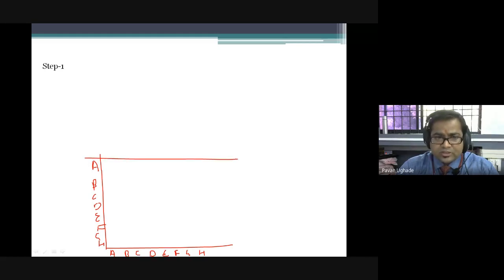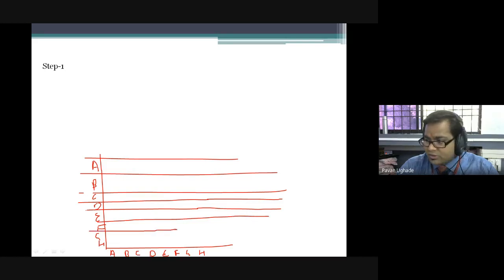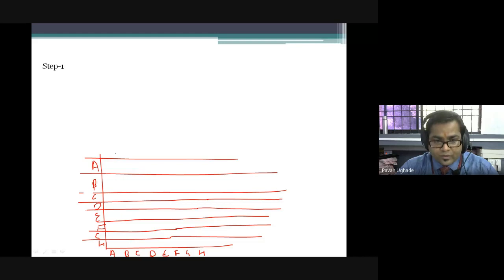You know the table is two dimensional, so I'll simply make this table. Guys, please try to understand this. In the table filling method, table drawing is very important, because otherwise most of the students will never understand how this table is drawn and what is the reason to draw the table like this.